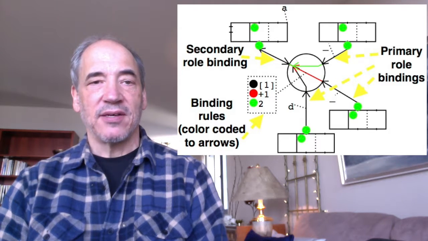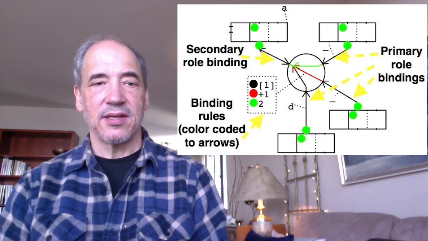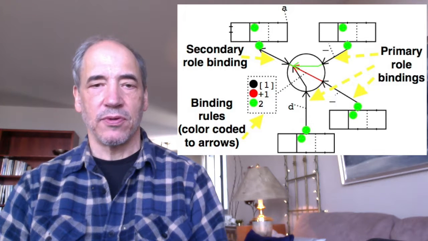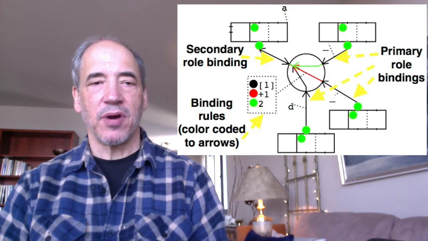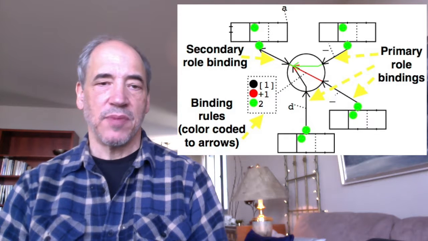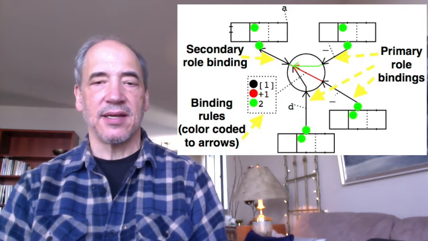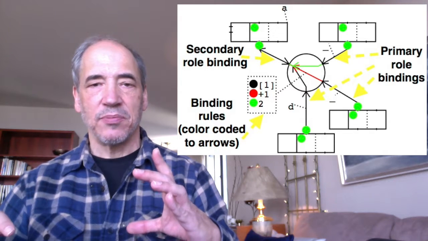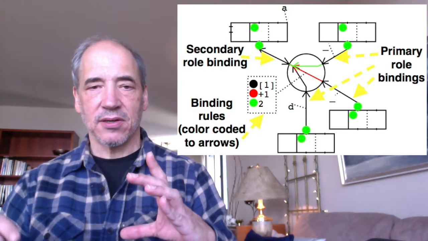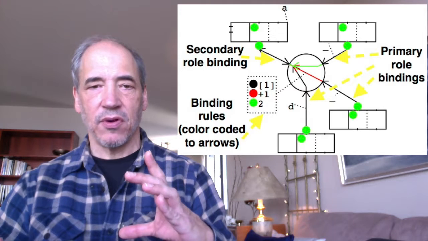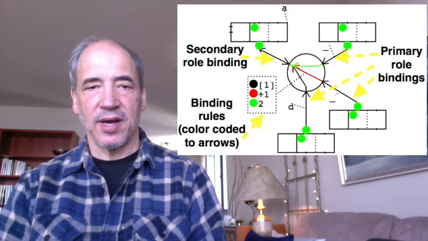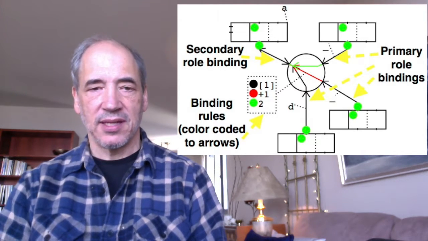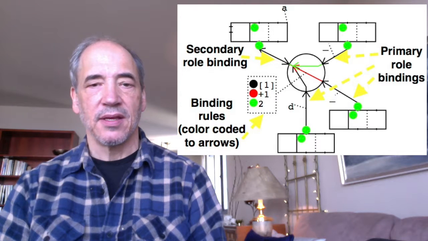Most binding modifiers are represented by arrows within the context circle, labeled with rules. From the primary role bindings, which may be empty as I said, to the secondary role binding, there will be arrows within the context circle, and each of those arrows will be labeled with binding rules.